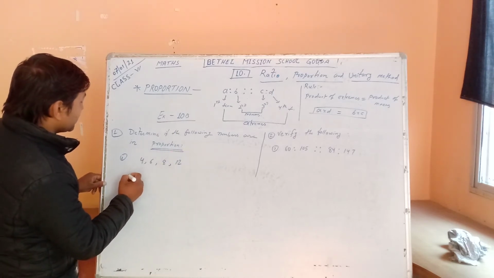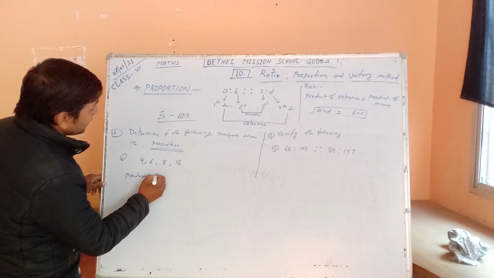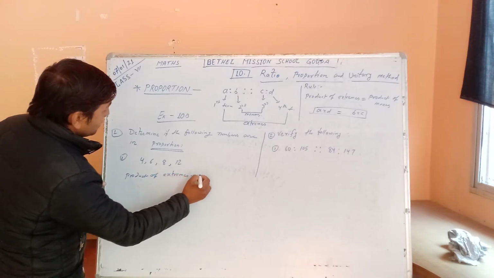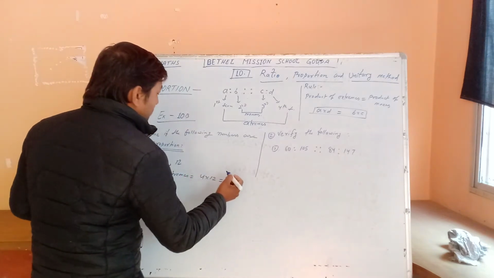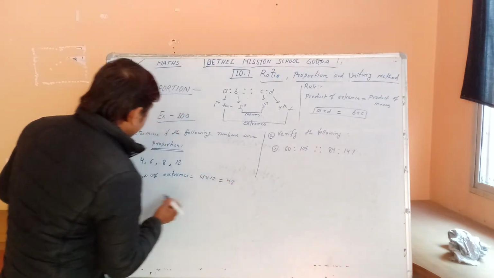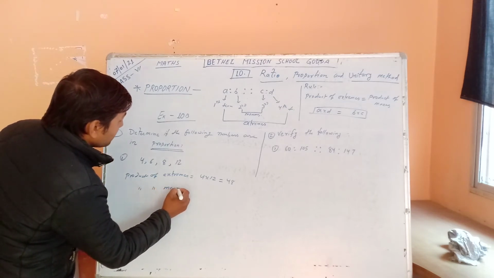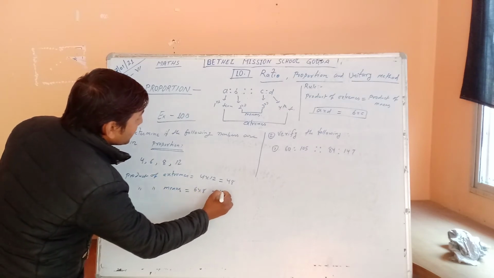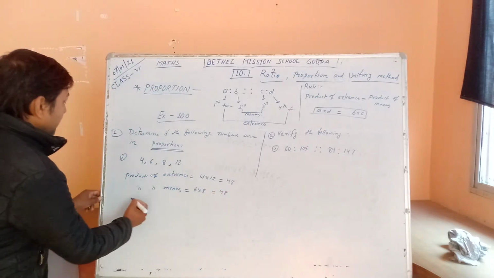So first find the product of extremes, 4 into 12, 48, and now the product of means, 6 into 8, 48. Both became equal.